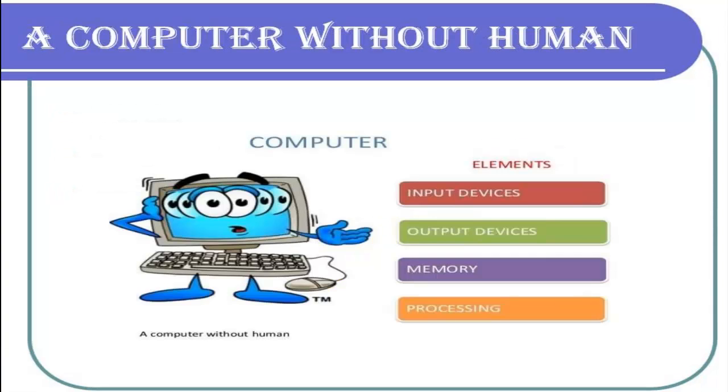So let's talk about them one by one. For example, computers. A computer is basically based on input devices and output devices. When the user interacts with the computer, of course they need an interface to interact with the system.